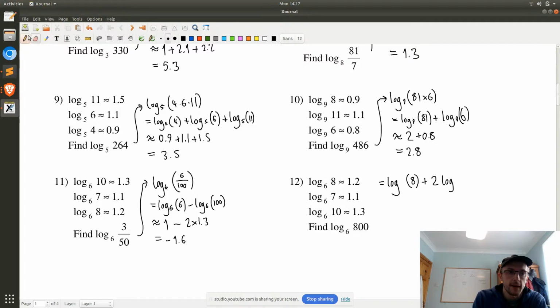Yeah, okay. So log base 6 of 8 plus 2 times log base 6 of 10. And by the approximate figures, that's 1.2 plus 2 times 1.3. So 2.6 plus 1.2, which is 3.8.